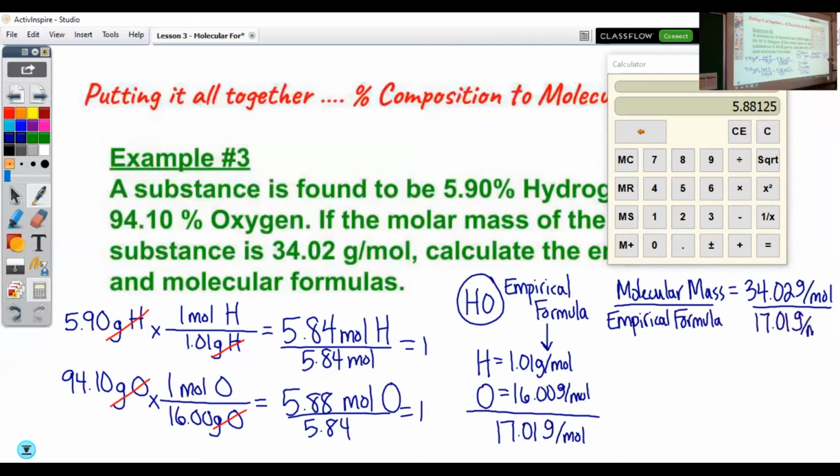When I divide that, I'll get 2 as my answer. So I can take my empirical formula, multiply it by 2, and get my molecular formula.